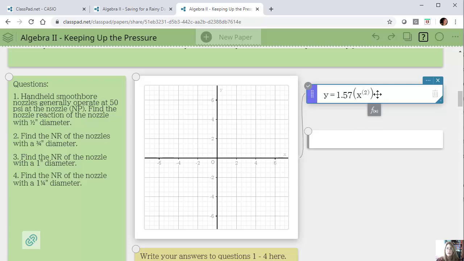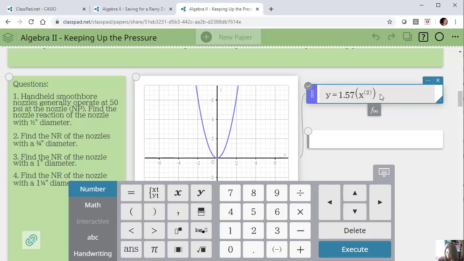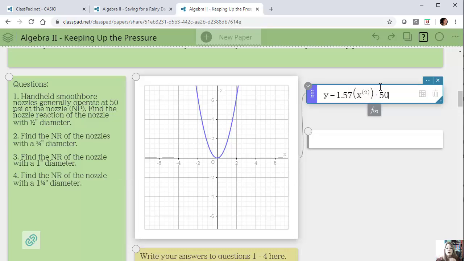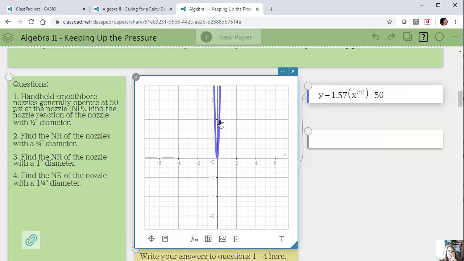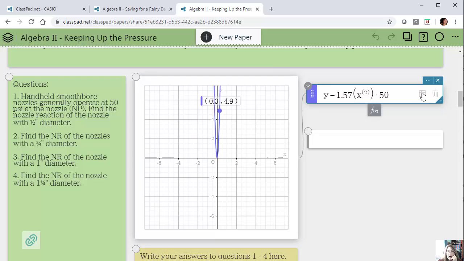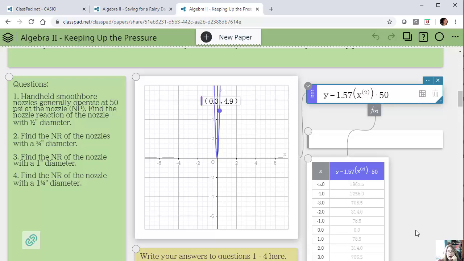And then I believe now we're plugging in the 50. So here's our graph. We could change the zoom. I'm not going to do that now, but now I can either use this and move things along to try to answer my question, or once I type in the formula, I can pull up a table of values and use the table of values. So lots of different ways.